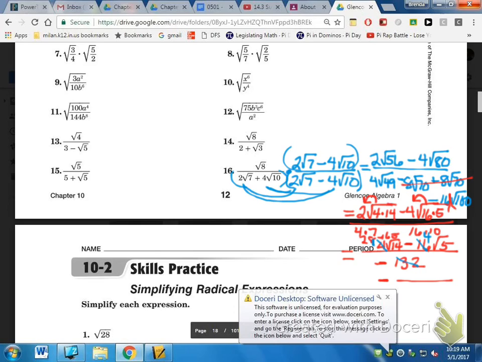That one would become, I'm thinking, a 33. Yeah, 33. Okay, so we're going with radical 14 minus 4 radical 5 over 33. I took the negative out in front.